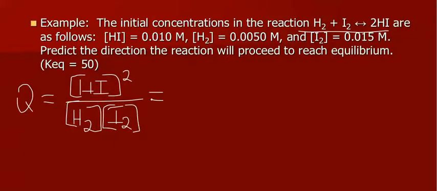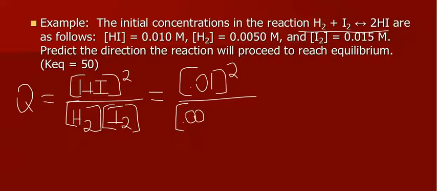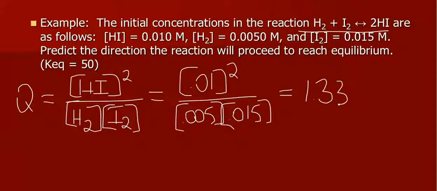These are starting concentrations. So we've got 0.01 molar squared divided by 0.005 times 0.015 molar. Solve this for Q. Q comes out to a value of, and it is unitless, 1.33.